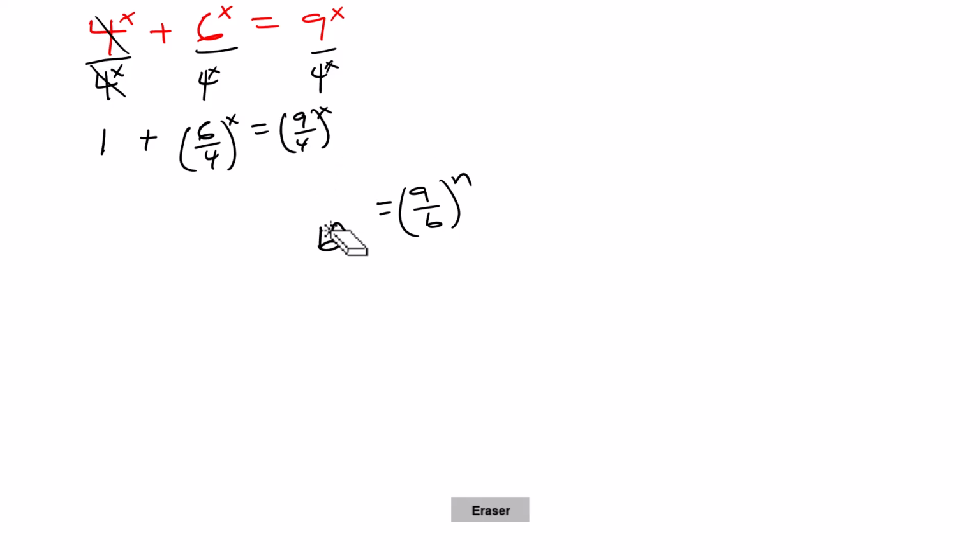So let's look at this. 6 and 4 are even numbers, so we can reduce it. So we have 1 plus 3 over 2, and 9 over 4. Can we do the same to this?